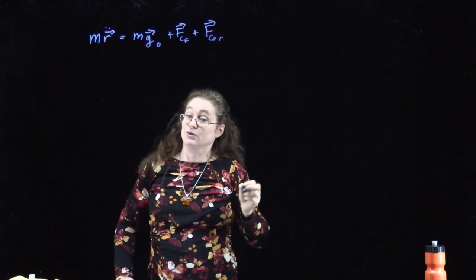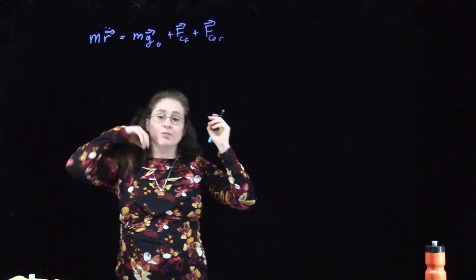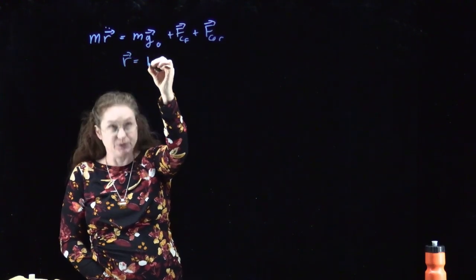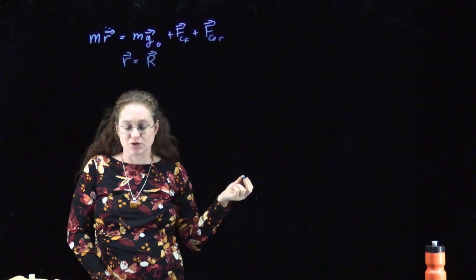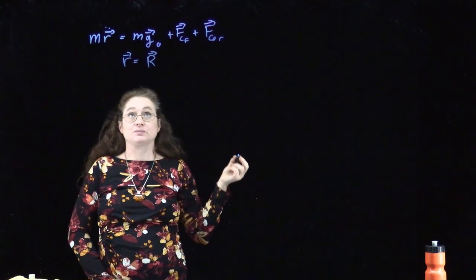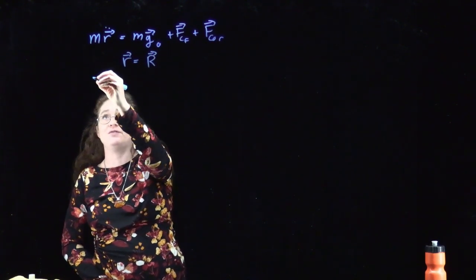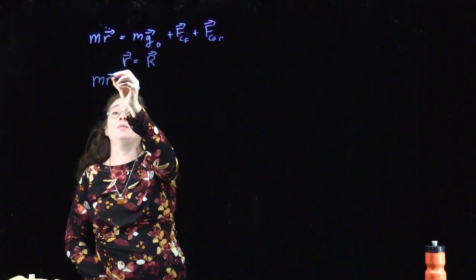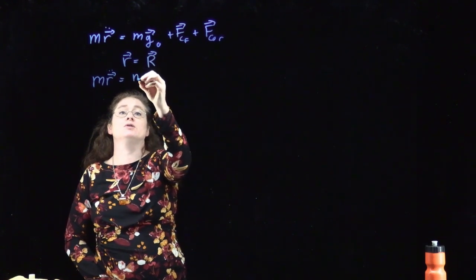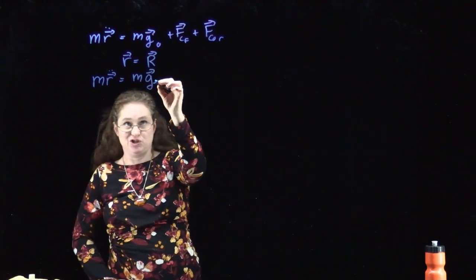To very good approximation, when we're talking about something on the surface of the Earth, we can make an approximation that the position is simply r, the distance to the surface of the Earth at that point. And when we do that, we replace this g naught by g effective. So we get m r double dot is roughly equal to m g, where it's g effective.